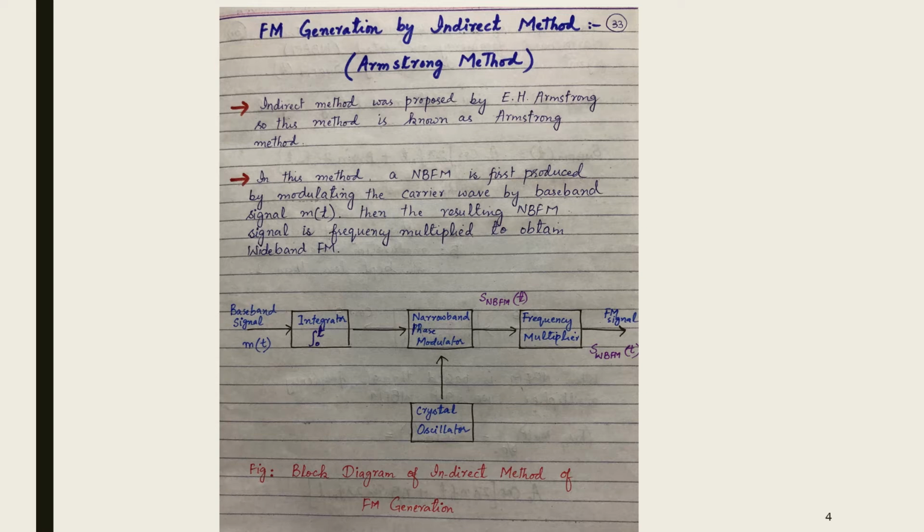So first study what is written over here. The indirect method was proposed by E.H. Armstrong, so this method is known as the Armstrong method. In this method, first we have to generate narrowband FM by modulating the carrier wave with the baseband signal, and then the resulting narrowband FM signal is frequency multiplied to obtain wideband FM.